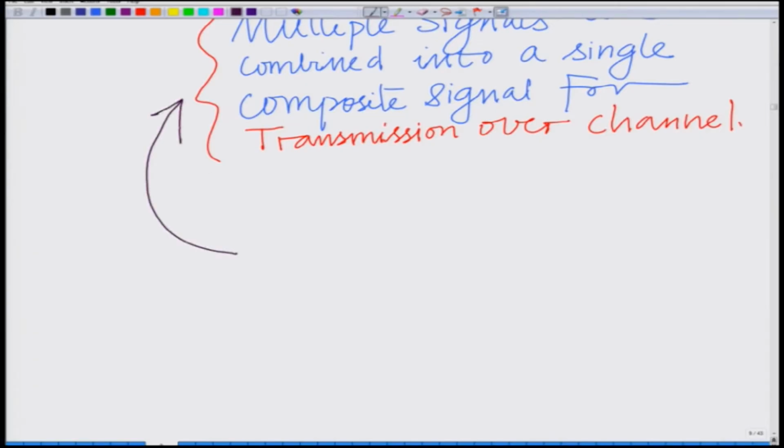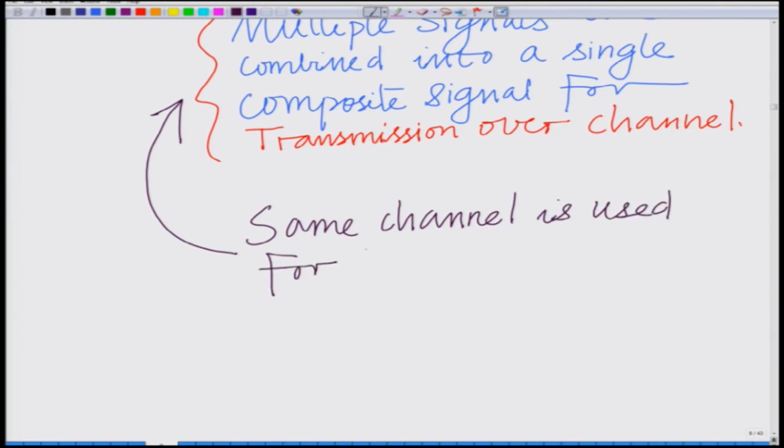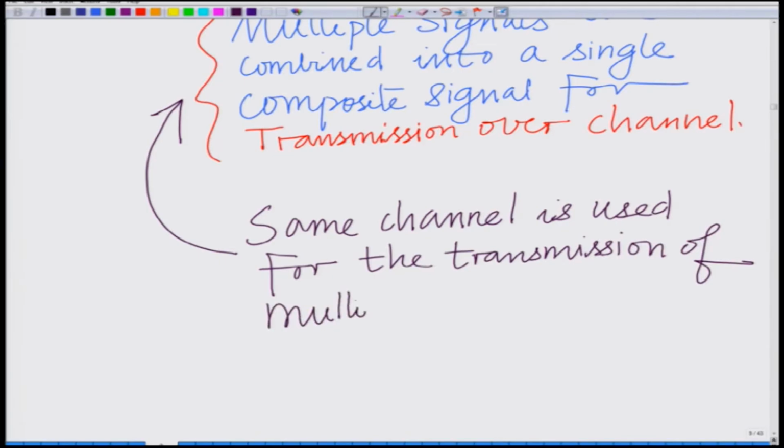The same channel is used for the transmission of multiple signals. So, basically the channel usage becomes very efficient.